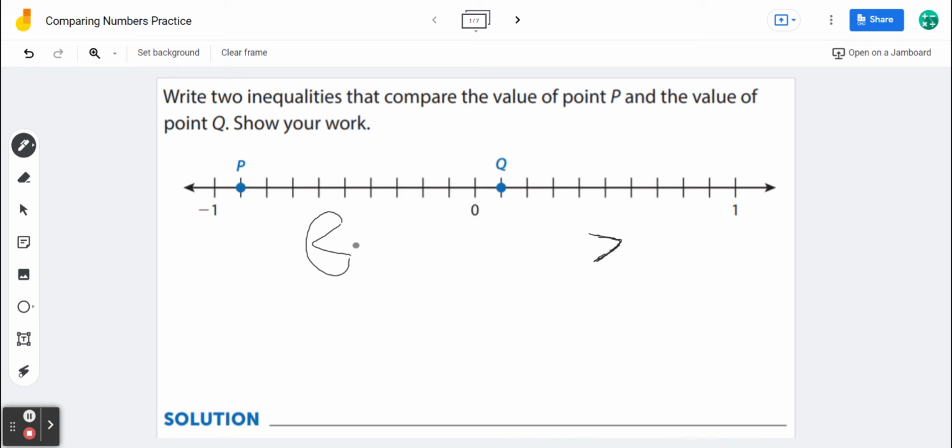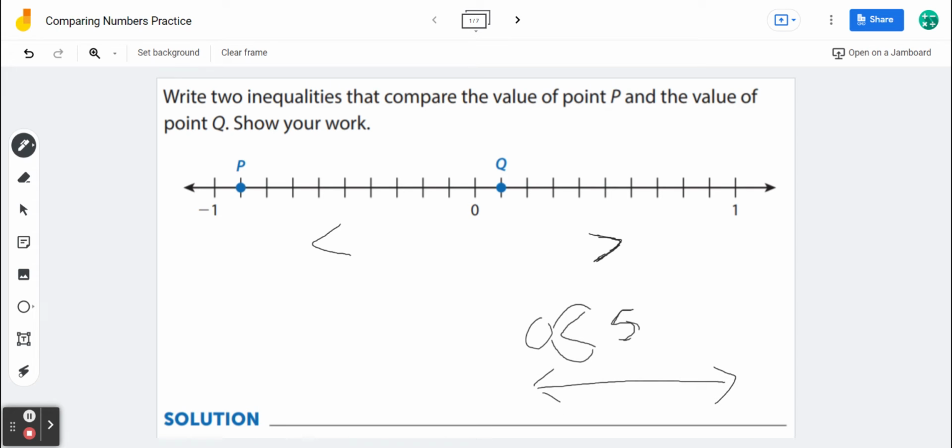For example, this is not related to the problem. Let's say I have 0. 0 is less than 5. Pac-Man would rather eat the 5 than the 0. Why does the Pac-Man want to eat the 5? Because the 5 has a greater value. How do I know that 5 has a greater value?